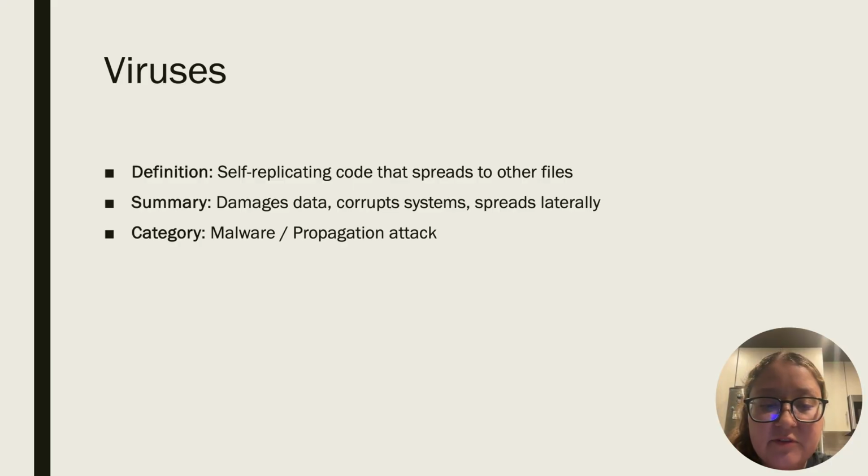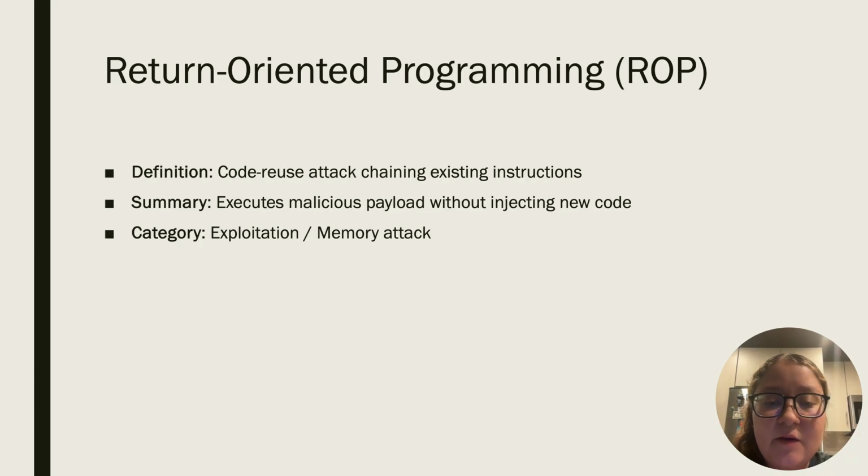The definition is self-replicating code that spreads to other files. It damages data, corrupts systems, spreads laterally, and the category is malware and propagation attack. Then we have ROP, which means return-oriented programming, a code reuse attack chaining existing instructions. It executes a malicious payload without injecting new code, and it's under the category of exploitation and memory attack.